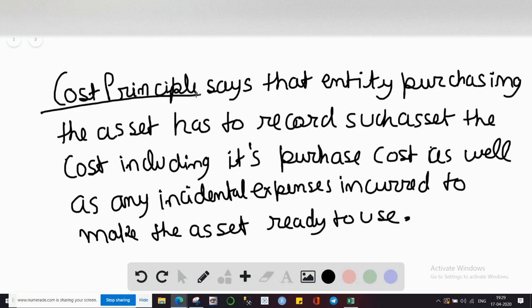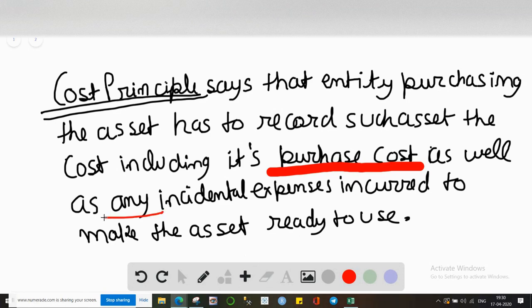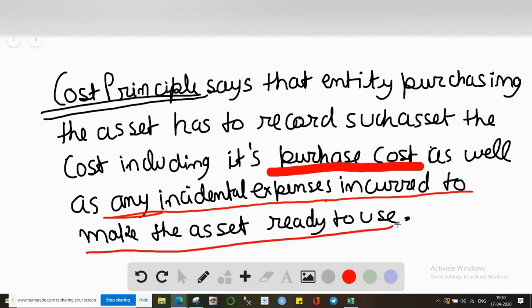What does the cost principle say? It says that the entity will record the asset at the cost, and what will be included in the cost? It will include the purchase cost of the asset and any type of incidental expenses incurred to make the asset ready to use.